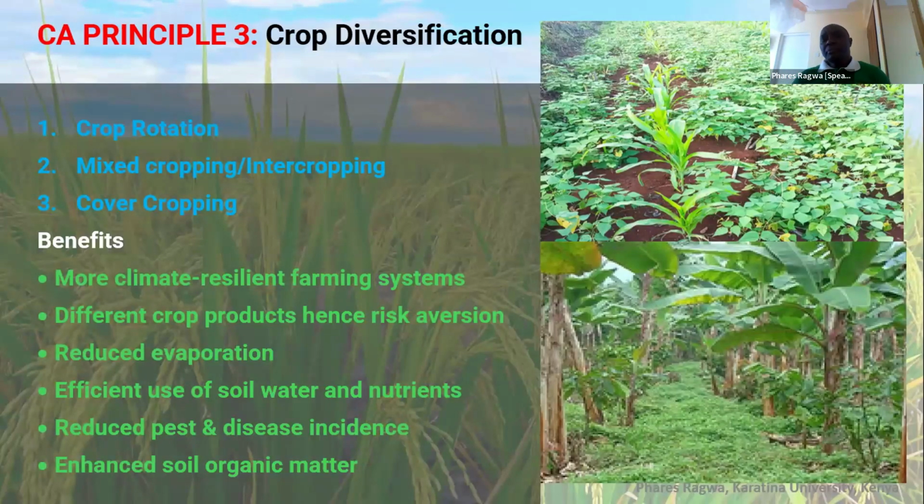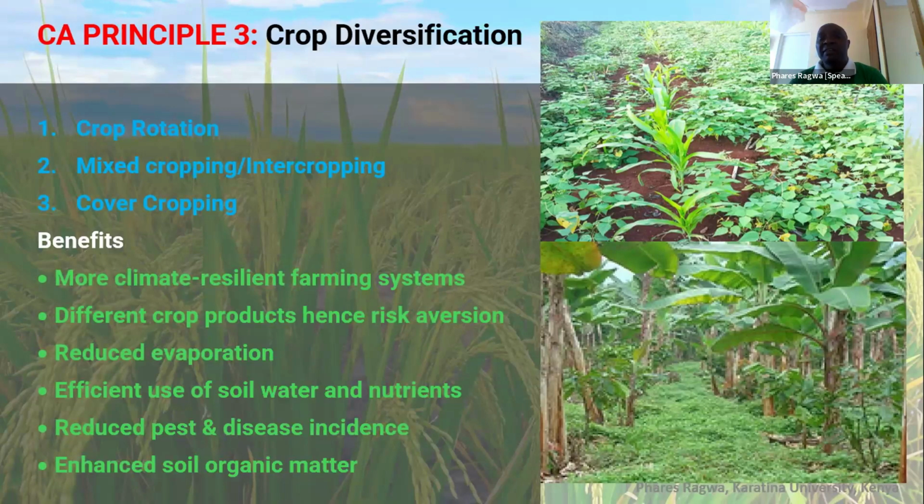What does this mean? It means that because of the multiplicity of the crop species, one, you have distributed the risk. Because any of those crops, especially when you are talking about the semi-arid areas, might fail, and then you have the other crops to rely on. Then you have many products.